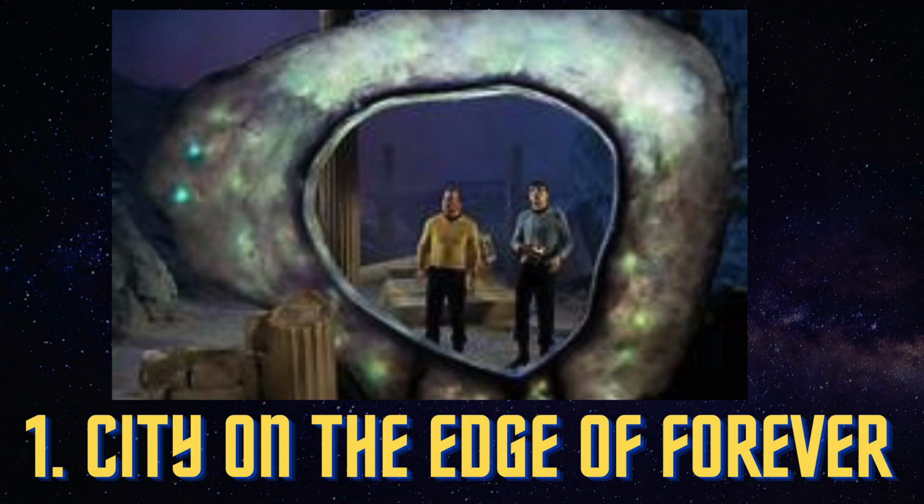And the ending where Kirk just can't even deal with it anymore and says, "Let's get the hell out of here." That is so powerful. I don't care what anyone says to me, this will always be the all-time great in Star Trek time travel episodes. And that is why it is number one on the best time travel Star Trek episodes of all time list.